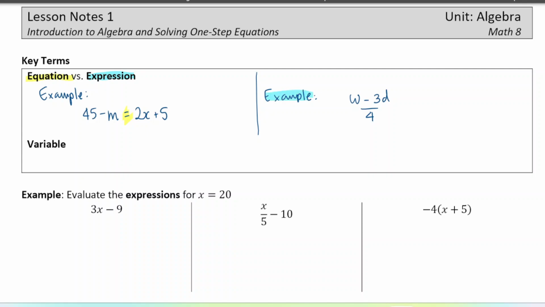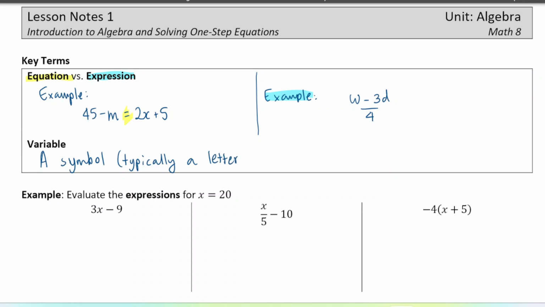Okay, and a variable, really important, is usually represented by a letter, but not always. It's a symbol. I'll put typically a letter, but not always.